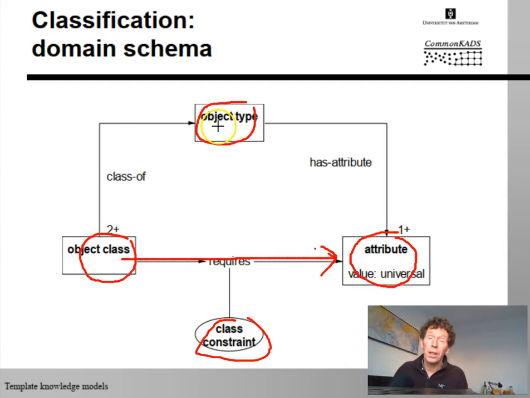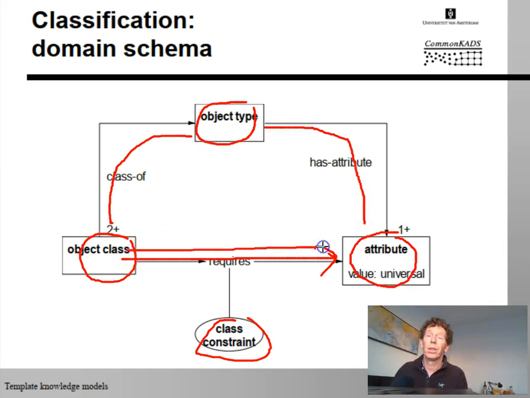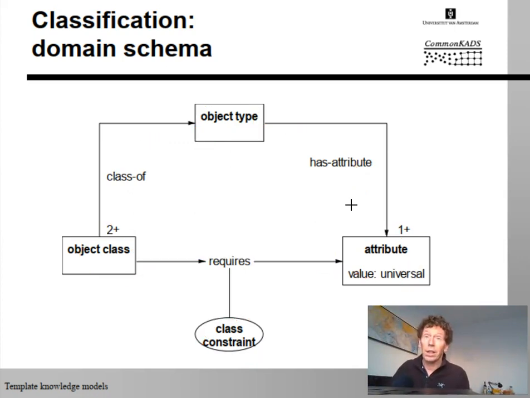So an object belongs to a class, an object has certain values, and a class requires certain values. This schema you will always find if you're doing classification. Knowing this, and it's not entirely trivial to come up with this, allows you to start filling in this schema when you are encountering your particular classification task in your particular domain.